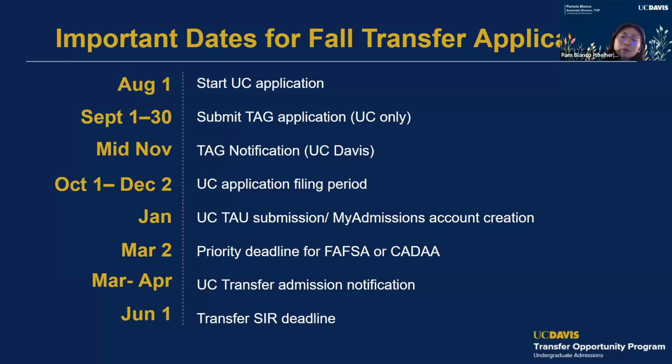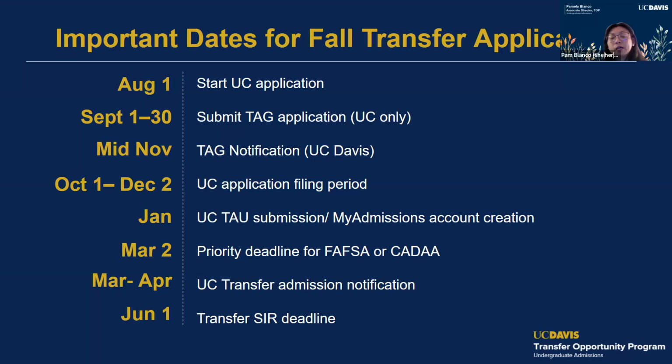Financial aid. The priority deadline for submitting the FAFSA or the CADAA application is March 2nd. And then transfer admission notifications vary by campus, so it could be anywhere from early March to late April. At UC Davis, our admissions decisions are usually released around mid to late April.